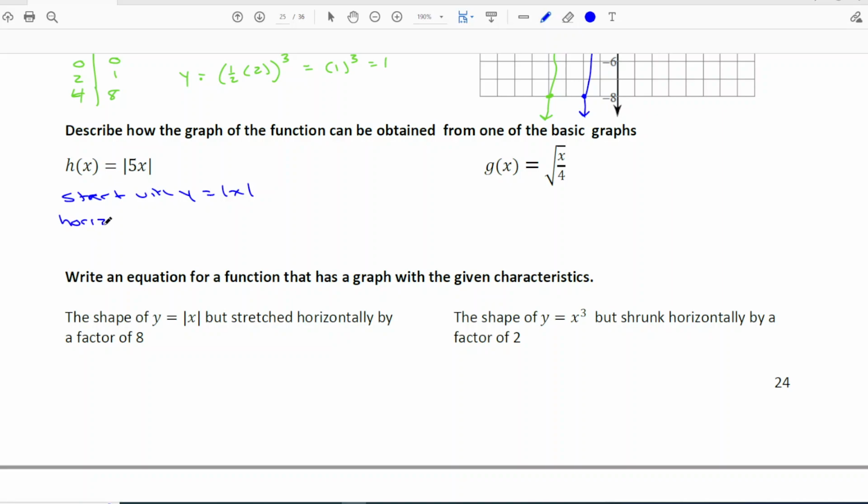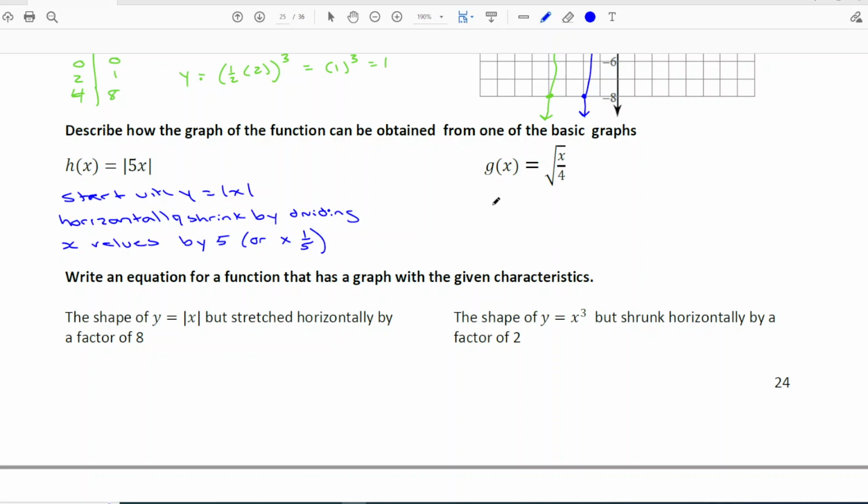So it is a horizontal shrink, and we are going to horizontally shrink by dividing the x values, I'm going to give up writing coordinates, x values, by 5, or multiplying by a fifth, right? Same thing.